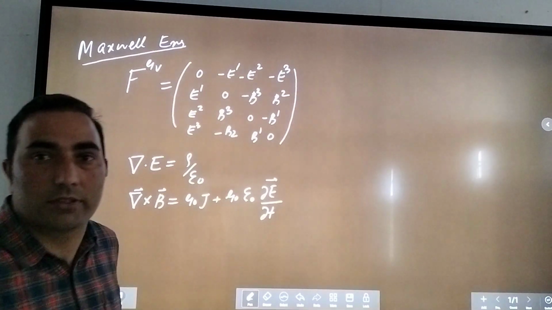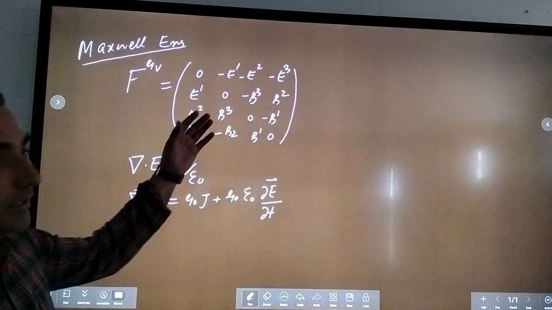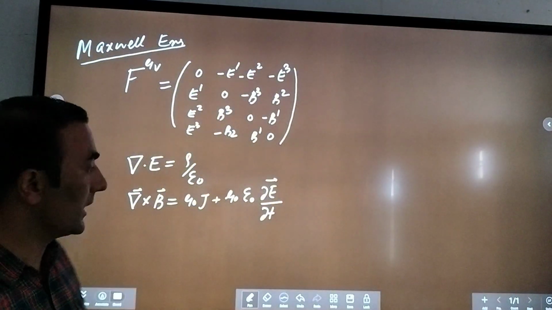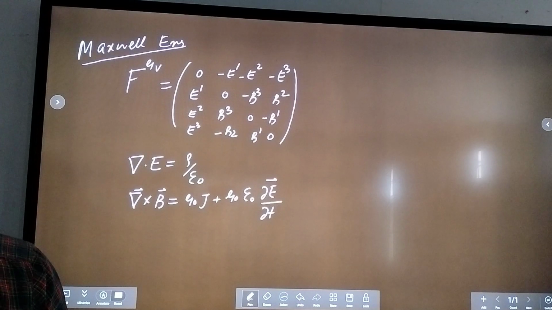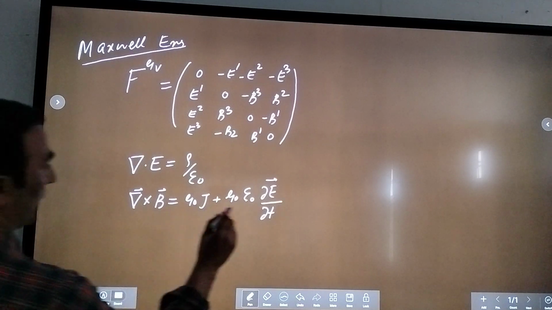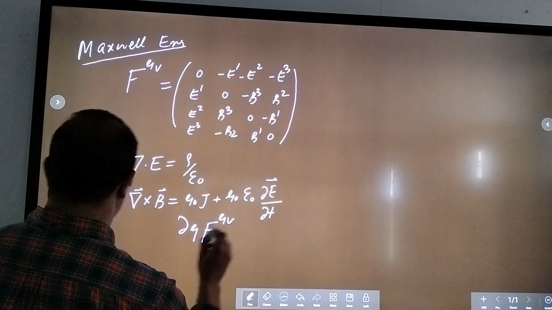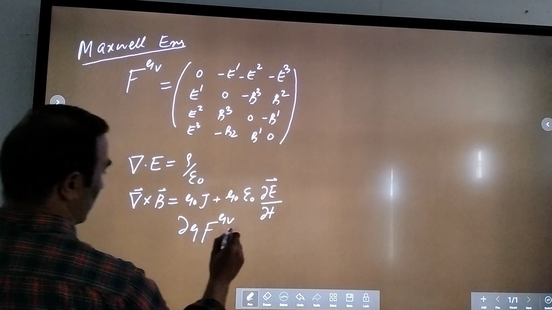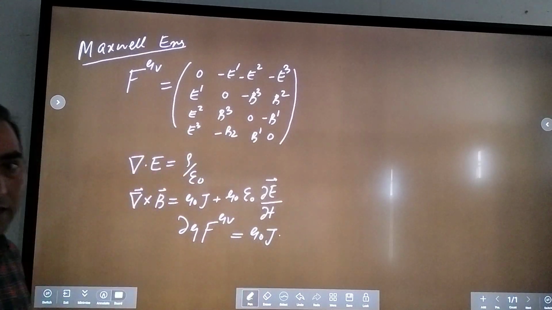Assalamu alaikum dear students. So today, you know that we have already discussed Maxwell's equations, how we can combine or club these two equations and write them in some compact form, and that was equal to partial mu F mu nu equals mu 0 J. So we have seen that, right?